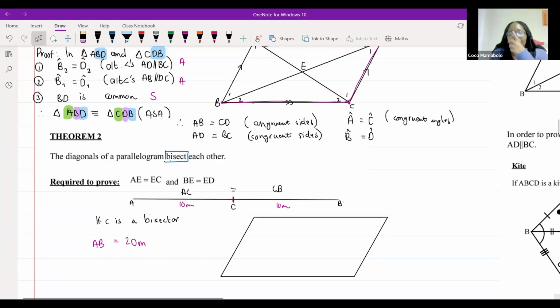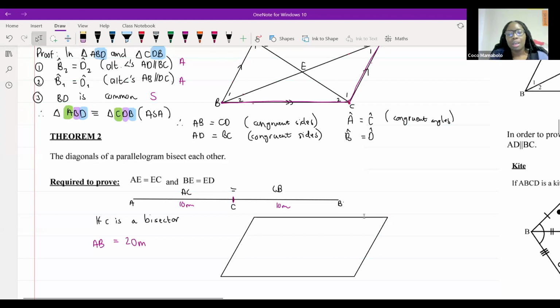All right, and that's very important because when we want to prove that something bisects, what we're going to have to prove is that the two sides are equal to each other. Now, just out of curiosity, can we use a similarity proof or a congruence proof for sides being equal?